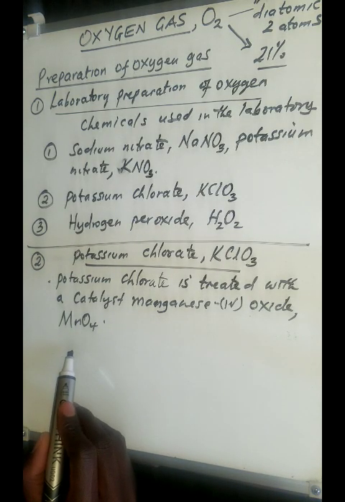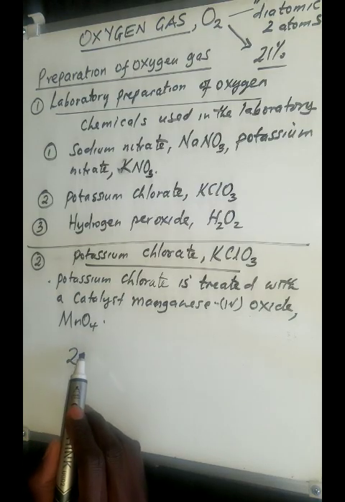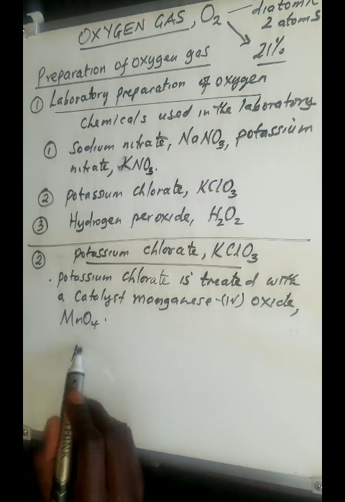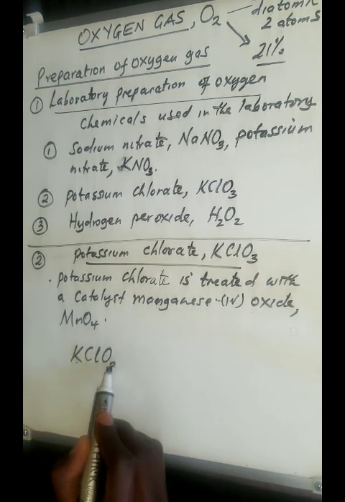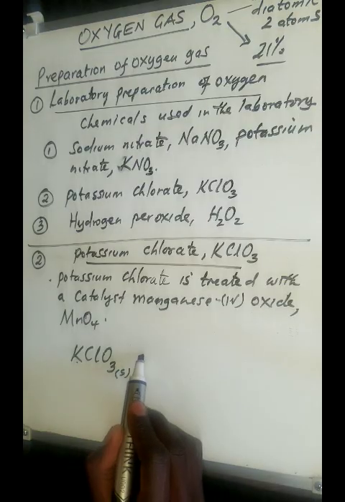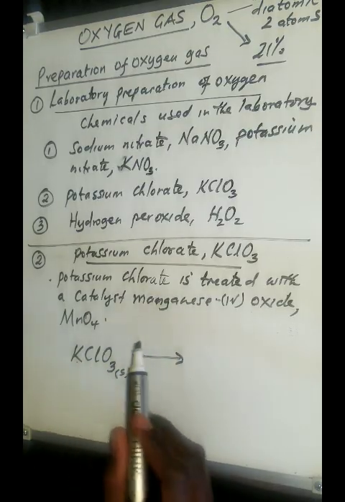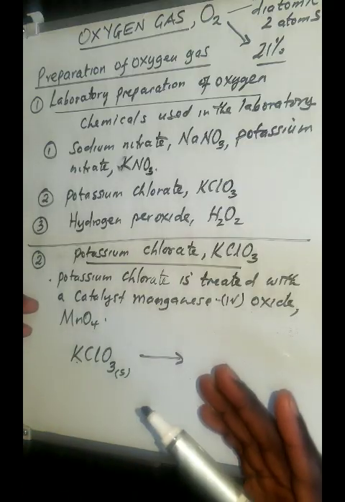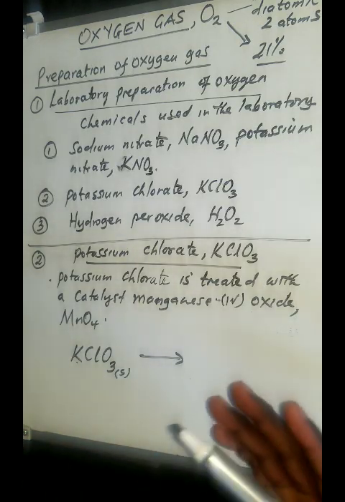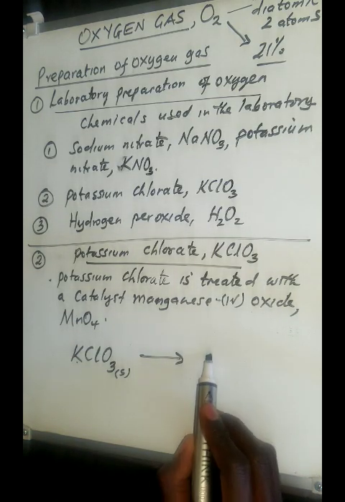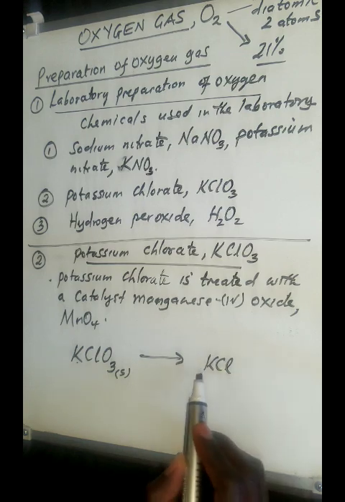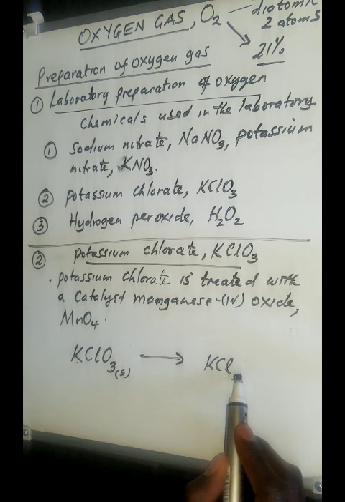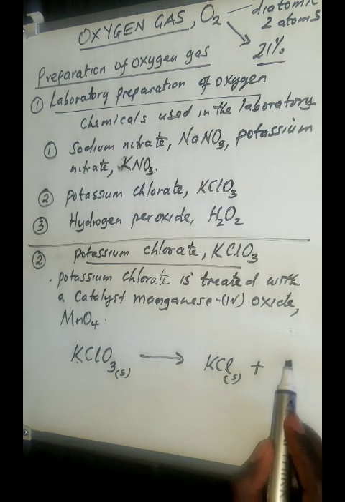So the overall reaction is going to be like this: potassium chlorate, which is in solid form, when it is heated in the presence of the catalyst. Remember, a catalyst only speeds up the rate of your chemical reaction, but at the end of it, it remains unchanged. You are going to find that you produce potassium chloride, which is still in solid form, and oxygen gas.